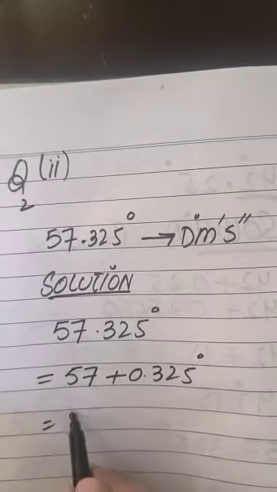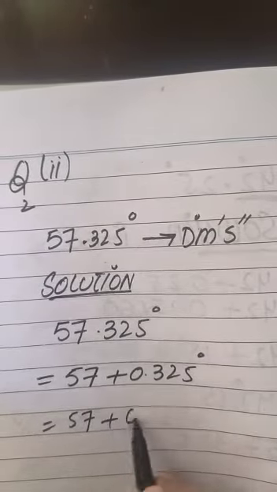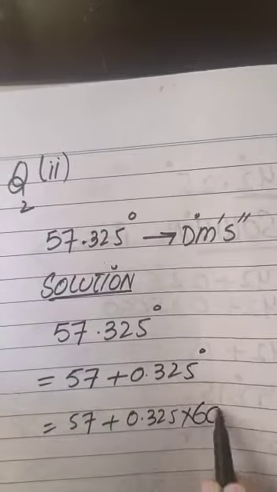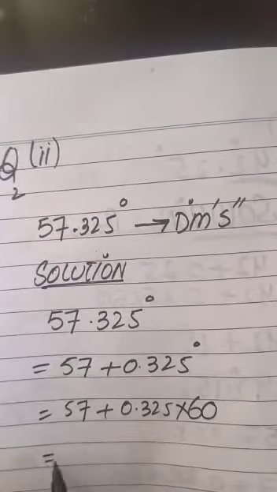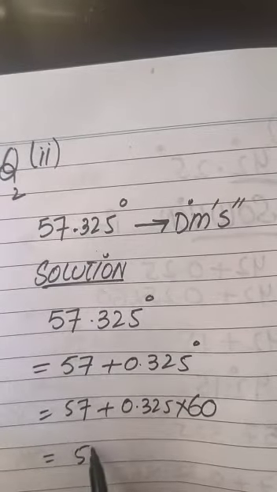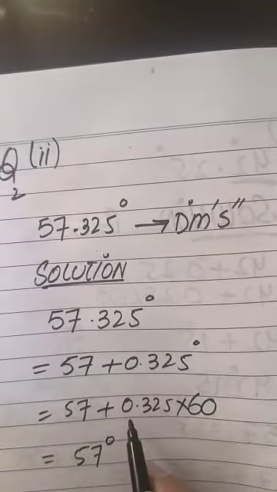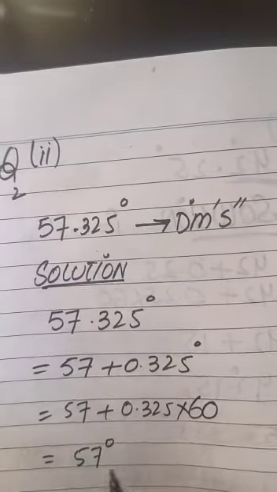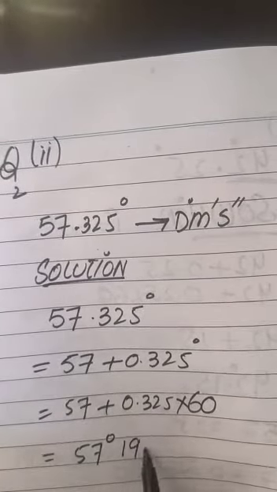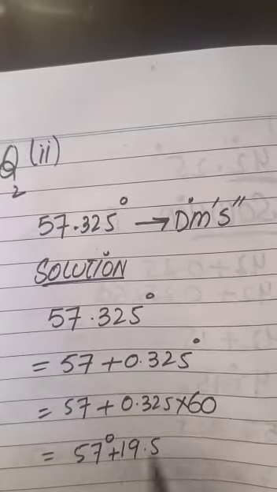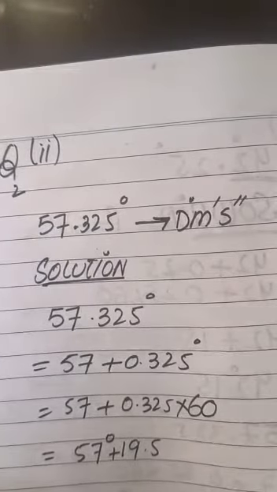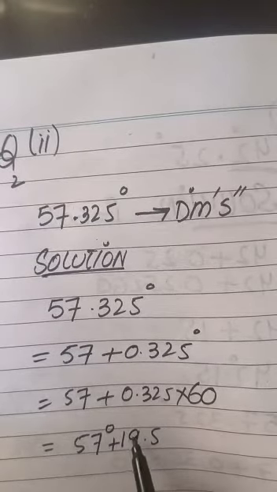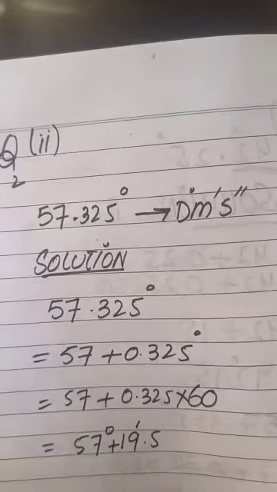So we will multiply 0.325 by 60. We get 57 degrees, and when you multiply 0.325 by 60 you get 19.5, plus 19.5, where this is degrees and then it becomes 19 minutes.